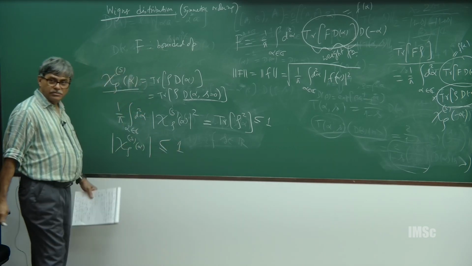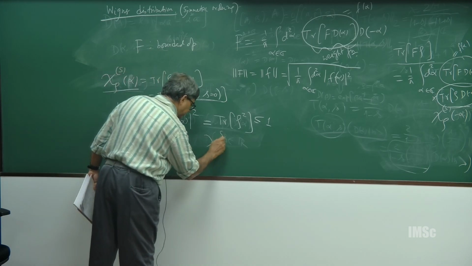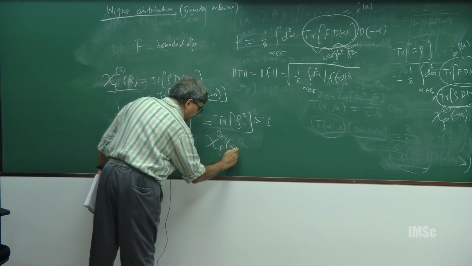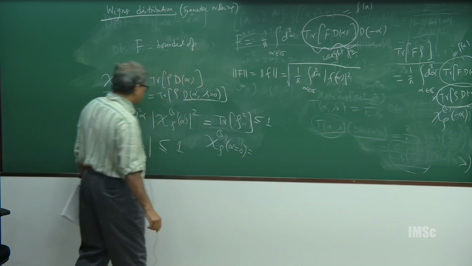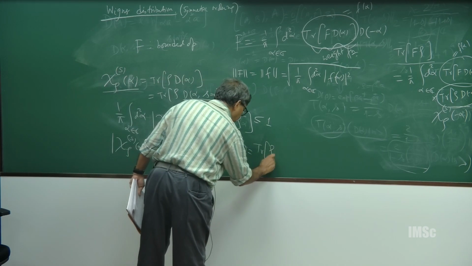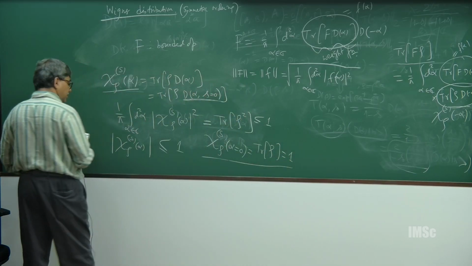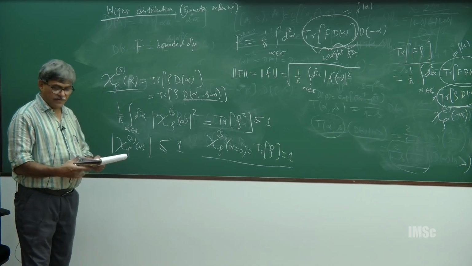And at alpha equal to 0, of course, this is the trace of rho, which is equal to 1. So, this is a well-behaved function, this characteristic function.